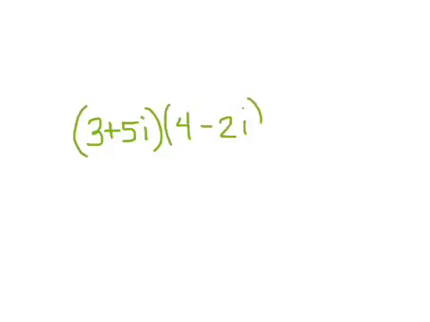Then if I were to have no symbol in between there, now this means multiply. When there's no symbol in between, we're to understand it as FOIL. What FOIL stands for is first, outer, inner, last.